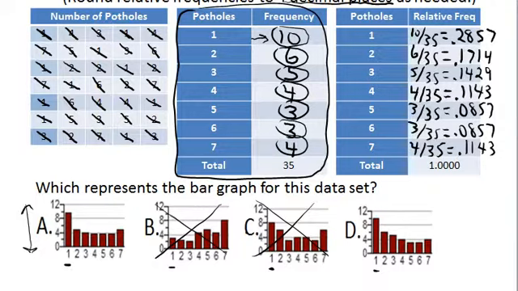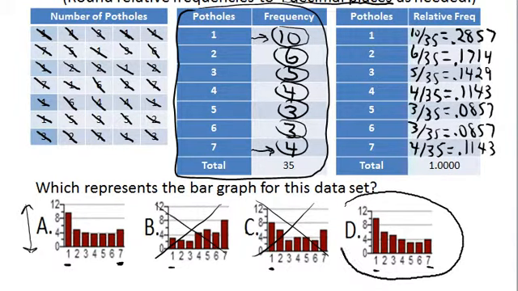Now you might look and see where A and D differ, and I noticed right away that they differ for 7, because A goes above the 4 mark, easy to see on A, but for the D choice, it's right at 4. So really all you need to do now is look and see that for 7 potholes, the frequency is 4, and that tells you immediately that between A and D, it would have to be D.